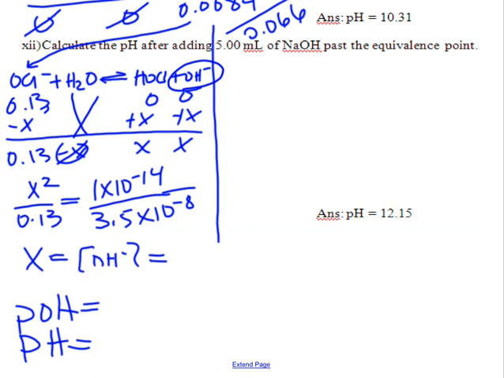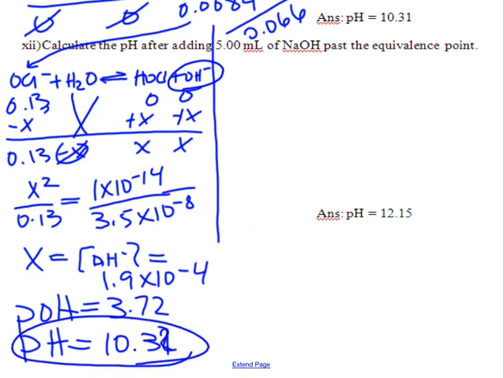What is the OH minus concentration? 1.9 times 10 to the negative 4. Take the negative log of that. 0.72? And then 14 minus that? 10.31. 10.31 looks close.